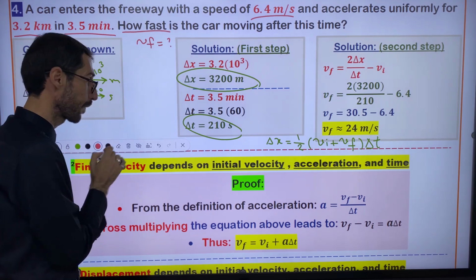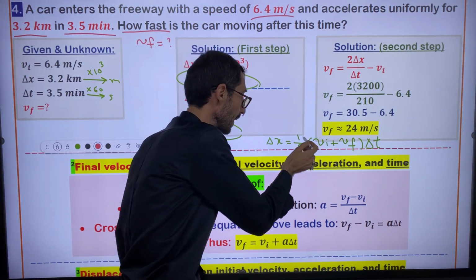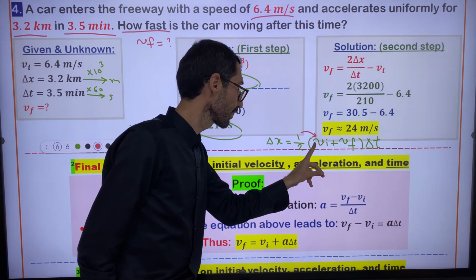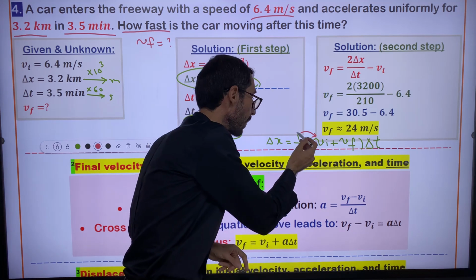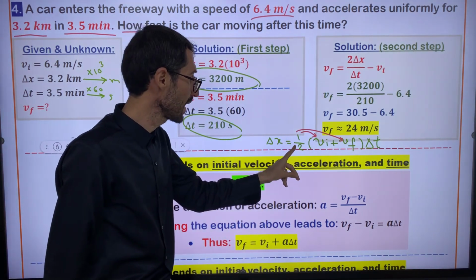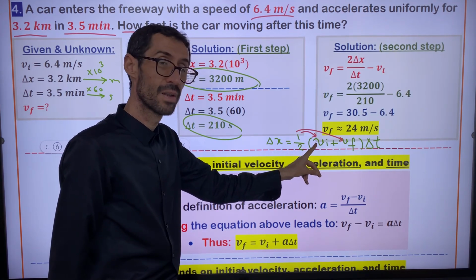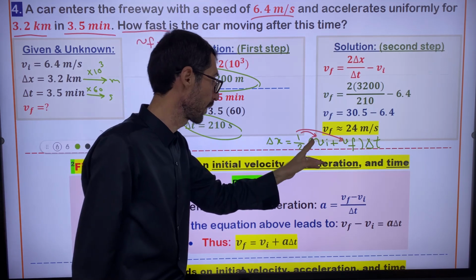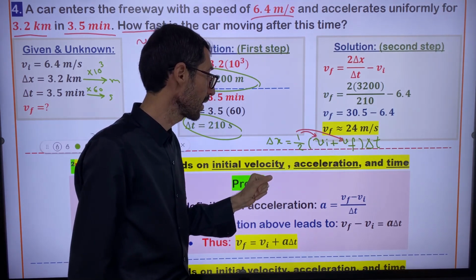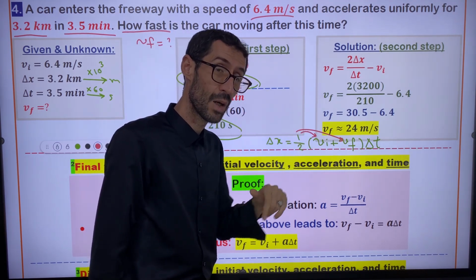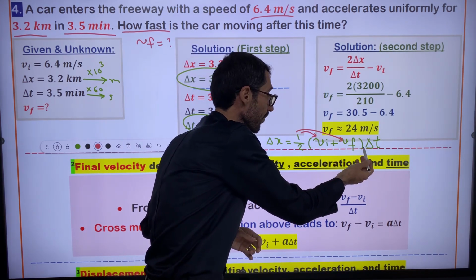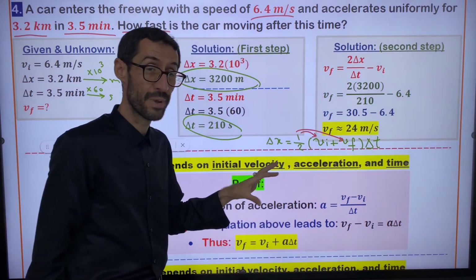Firstly, I want you to multiply this coefficient by each term within the bracket, right? So this 1 half is not just for the first term, it's for the second term as well. Furthermore, this delta t is common for the bracket as well.